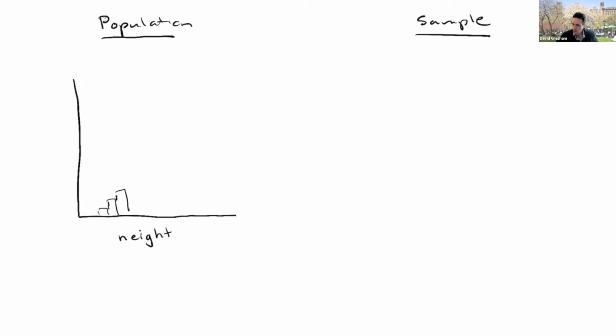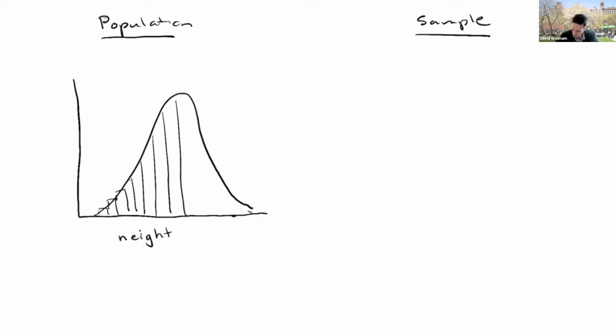And one thing that we can do is we can smooth that histogram so that it looks more like this. Okay, when we smooth out these bumps. But we have bins here of individuals of different heights, and we're counting them up.